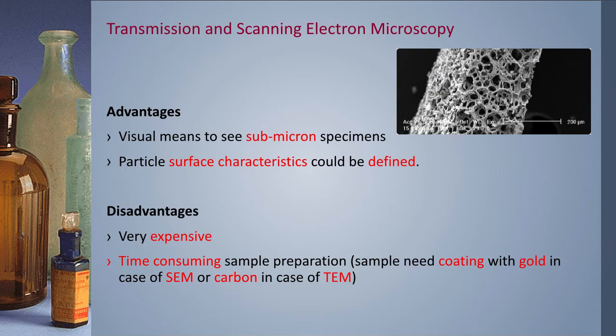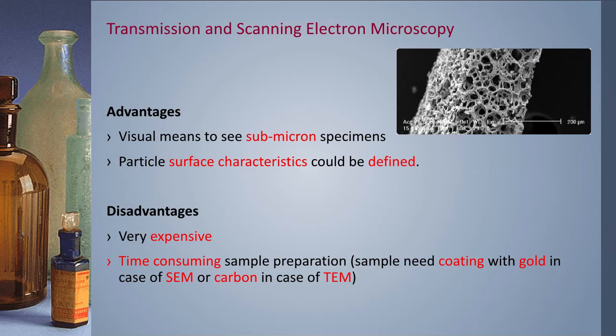Through the picture, you can see if the surface is porous or non-porous, smooth or irregular, and so on. That is very important for us, because if the surface is porous, it will give an indication about the dissolution rate, for example, and solubility. Because if the surface is porous, the dissolution medium can easily penetrate inside the particle and dissolve it immediately.